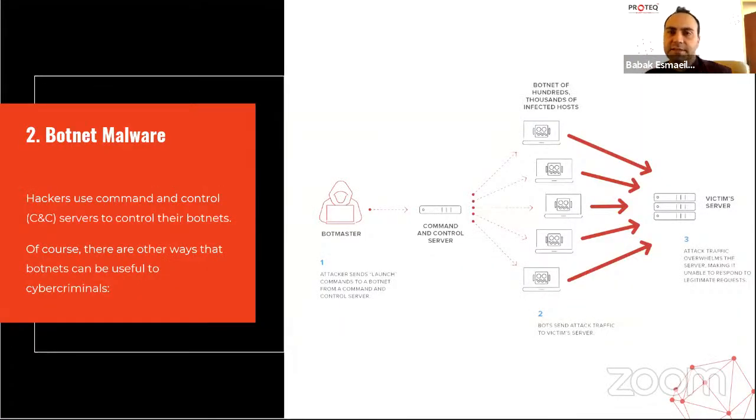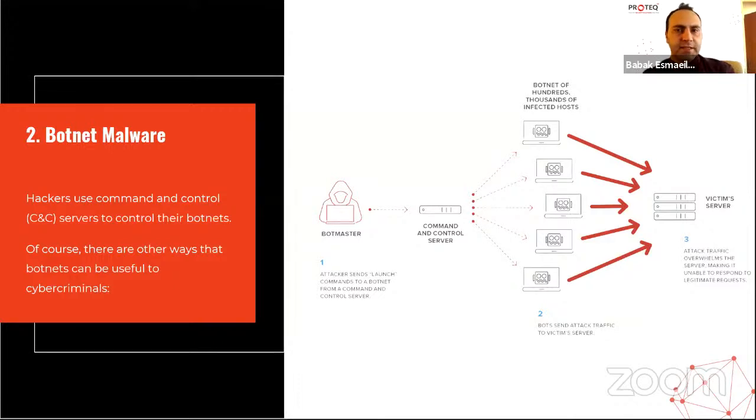Look at the diagram here. Here we have a bot master, which is the attacker. They have a command and control server, which those infected clients are connected to. So via that, they can command each client to do something. They select a target victim. Let's say they are going to bring down the Microsoft.com website.